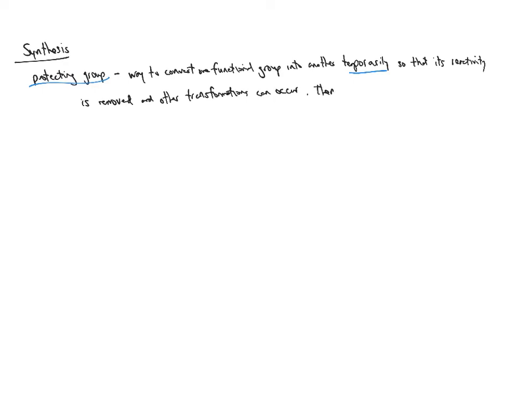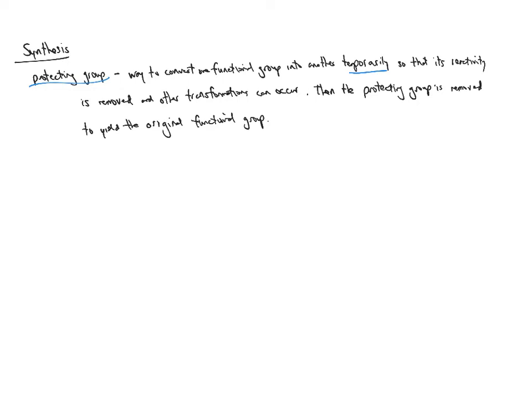Then the protecting group is easily removed thereafter. Right, so the protecting group is removed to yield the original functional group. Okay, and so the protecting group is removed easily to regenerate that original functional group, and you're able to have a new set of bonds to form.